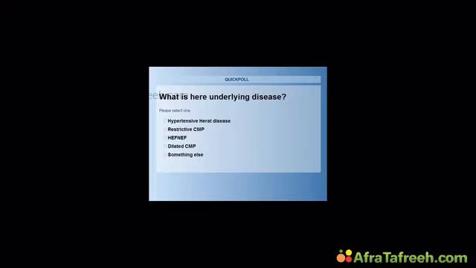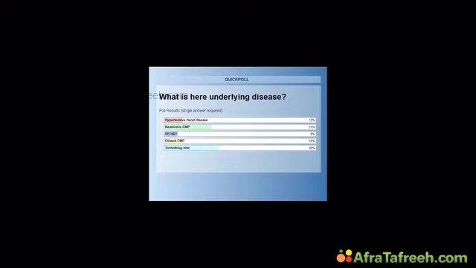Okay, let's close the poll. Okay, 36% of you say something else. 31% of you think it's restrictive cardiomyopathy. 12% think it's hypertensive heart disease. And 9% of you think it's heart failure with normal ejection fraction. And 12% think it's dilated cardiomyopathy.